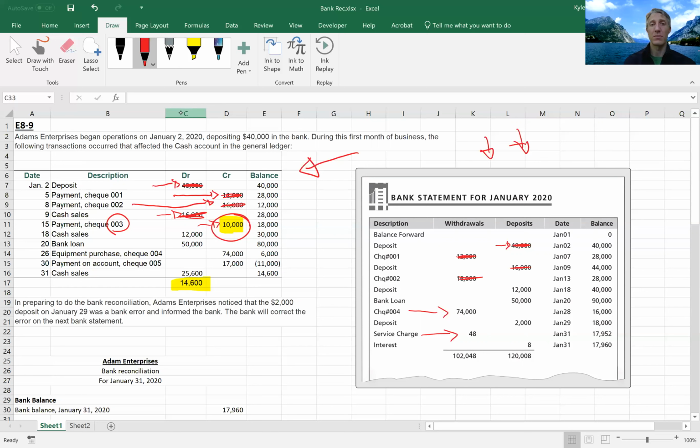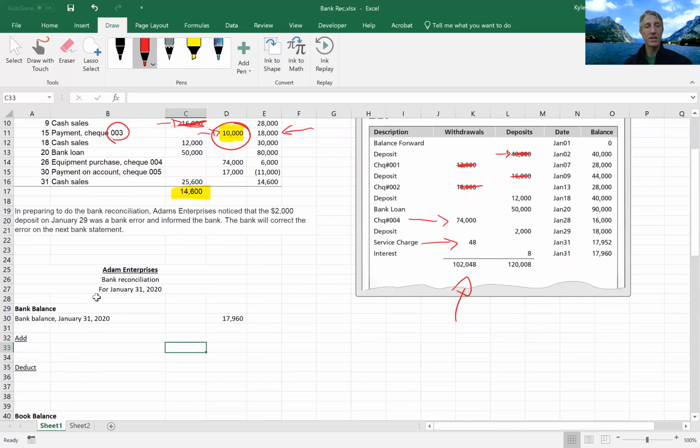It's already been reflected. The deduction has already been reflected in our books because I can see, well, on the 9th, our cash balance was 28,000. We wrote a check for 10,000 and now it's 18,000. So the deduction has already been reflected in our book balance. It just hasn't yet been reflected in our bank balance because the person we gave the check to hasn't deposited it yet.